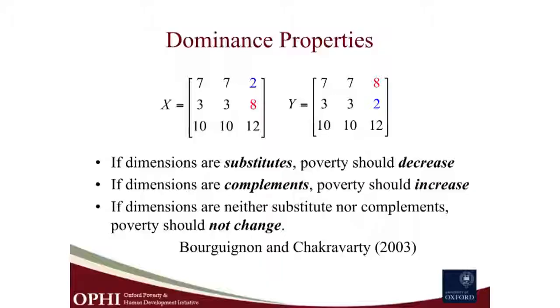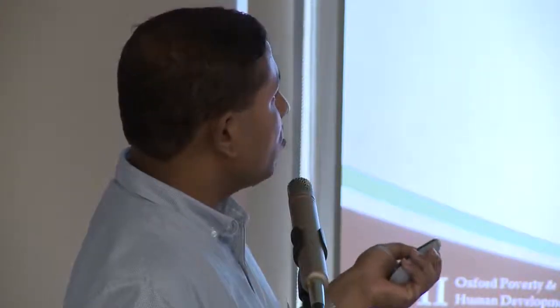In theory, and theory does not always work very well in practice, if all dimensions are substitutes, then poverty should decrease. If you move from here to here, it raises inequality, then poverty goes up.